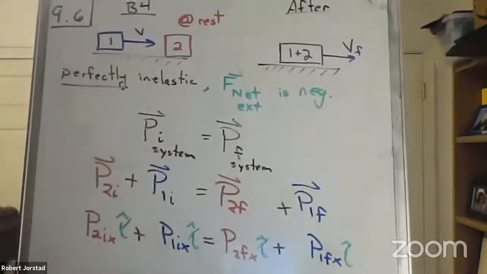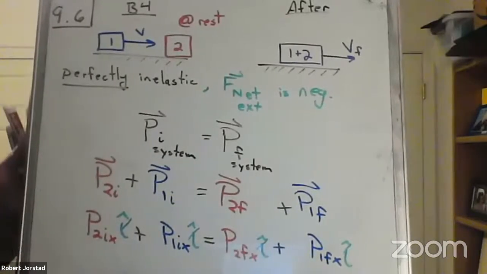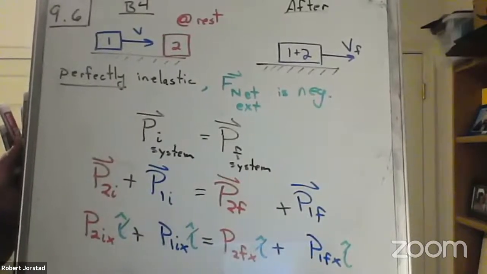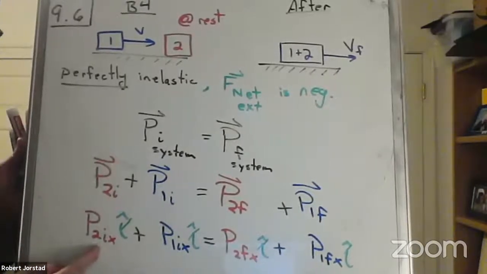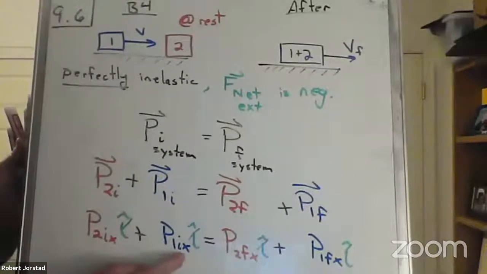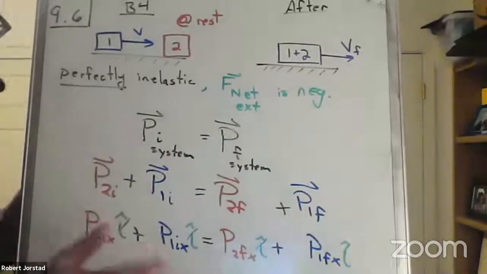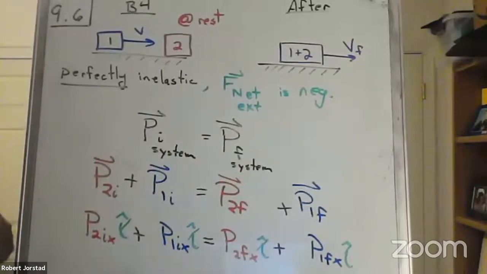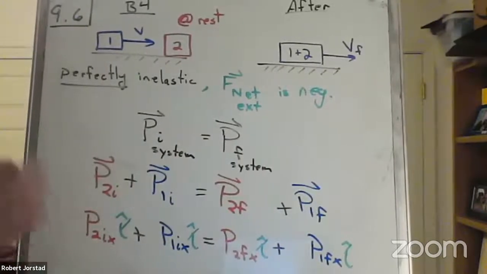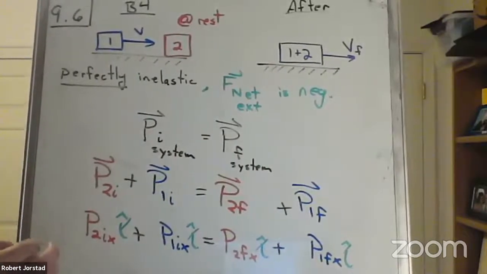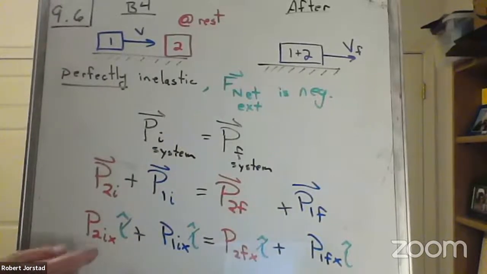As a result of doing this thing this way, however, I want to point out that this could be a positive or a negative number. This could be a positive or a negative number, et cetera. So in this case, because these came from a vector equation, every time you do a conservation of momentum problem, I want you always thinking about, do I need to do plus or minus signs?